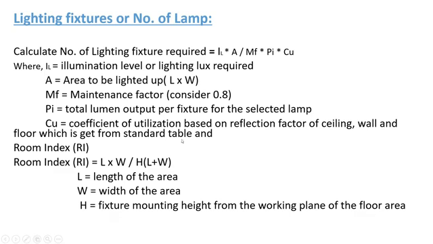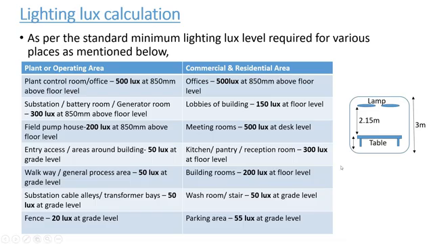For getting the values from the standard table, we need to find the room index value. Room index RI equals length into width divided by height into length plus width. The room length and width we know, and for height we never consider the total height of the room. You have to consider this 2.15 meters. I already told, based on the standard.